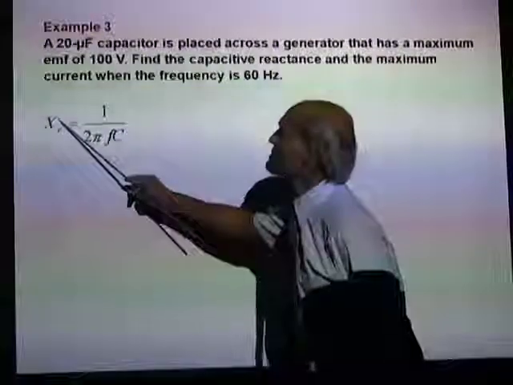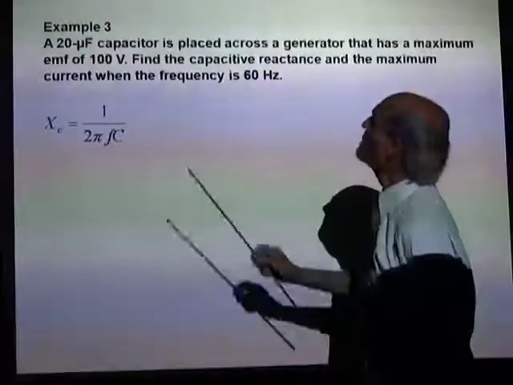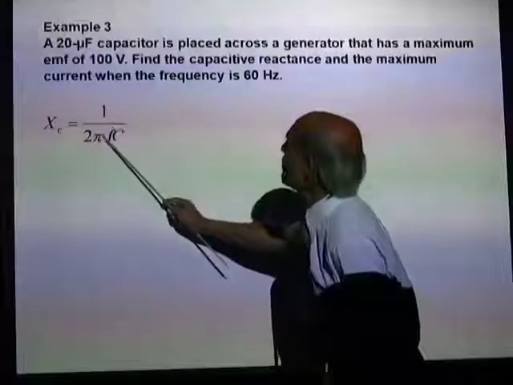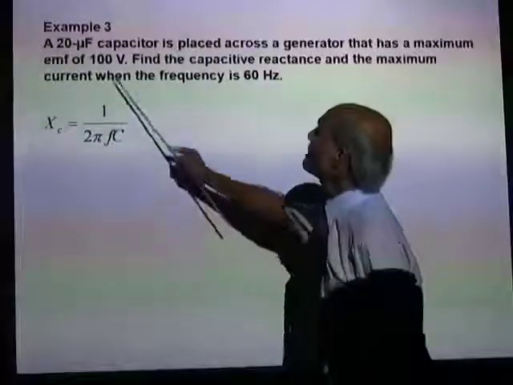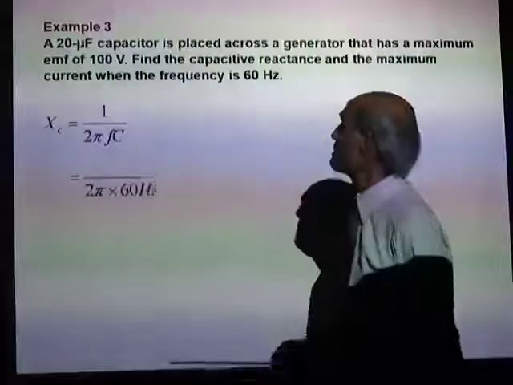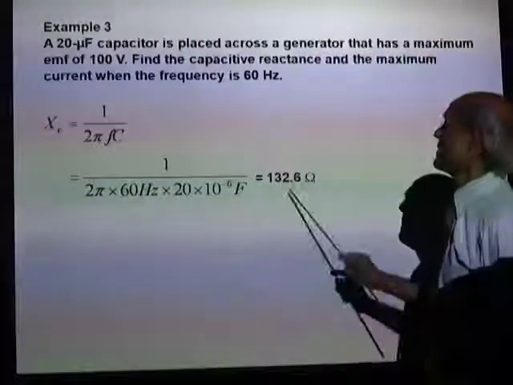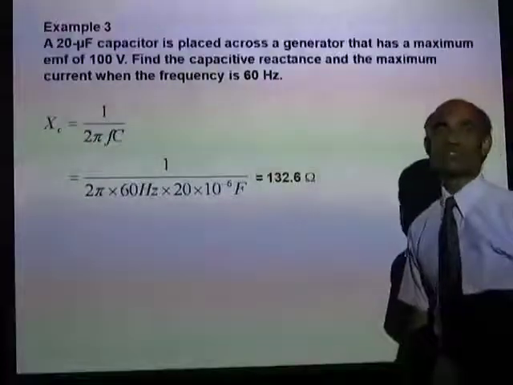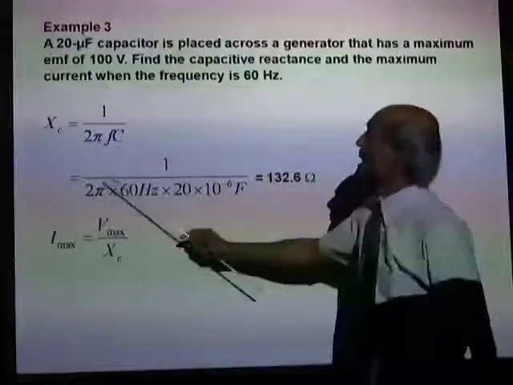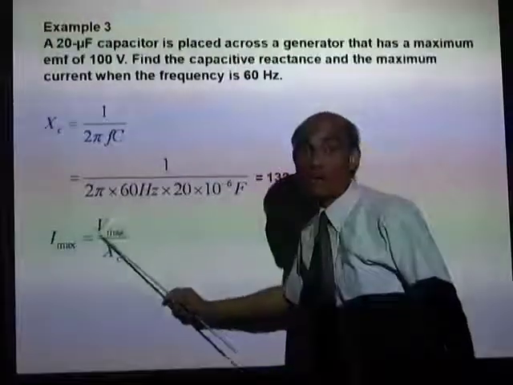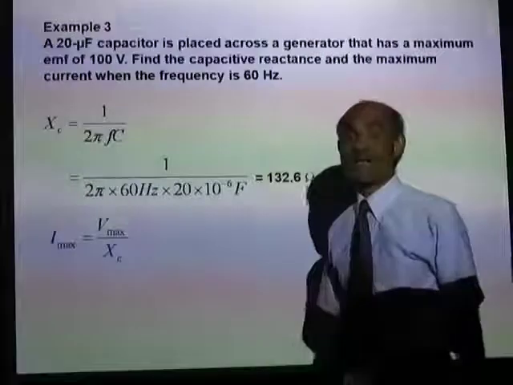The capacitive reactance X sub C is 1 over 2 pi f C, where we know the frequency is 60 Hz and the capacitance is 20 microfarad. Use them in proper units and that gives you the reactance is 132.6 ohms.